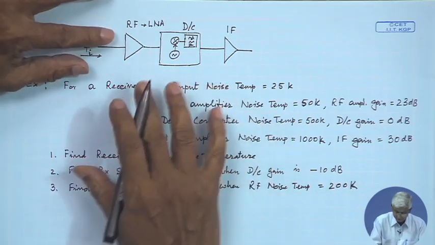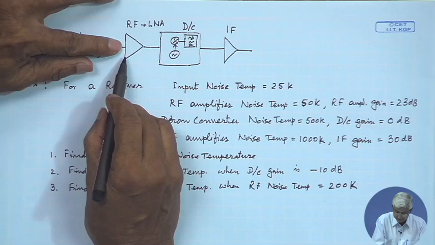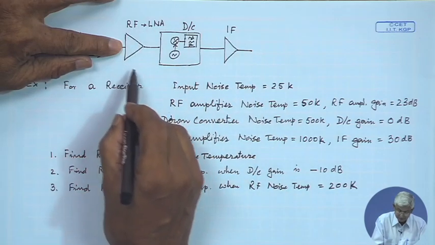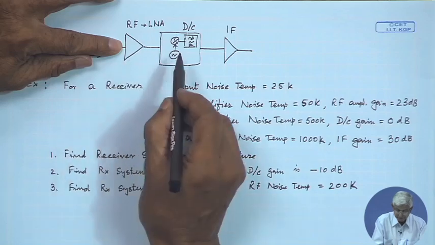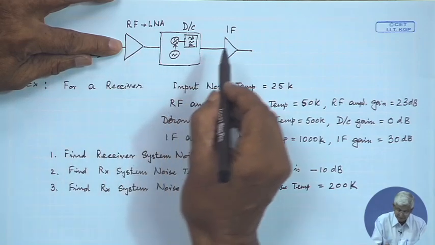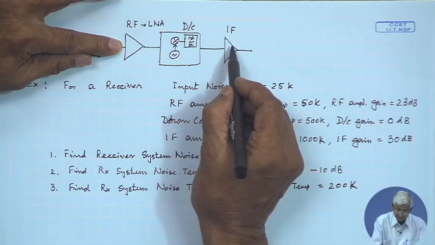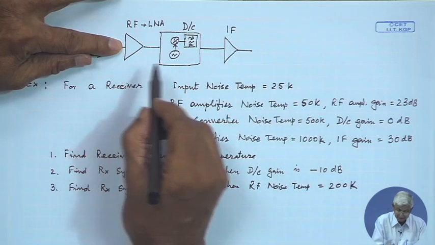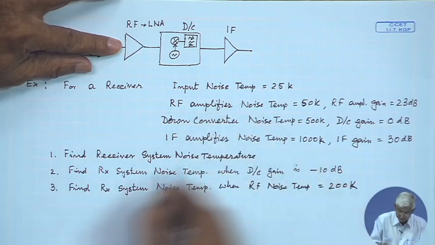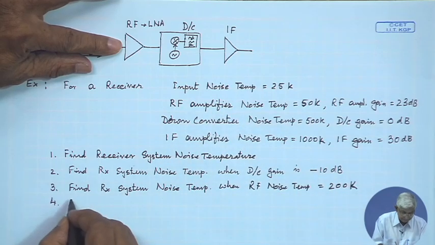As it is, we know that if this noise temperature is high, the effective noise temperature of the total system will be high, because this plus the second stage divided by the gain of the first stage plus the third stage noise temperature divided by the gain of the first and second stages, like that it goes. But here you will find with numbers.